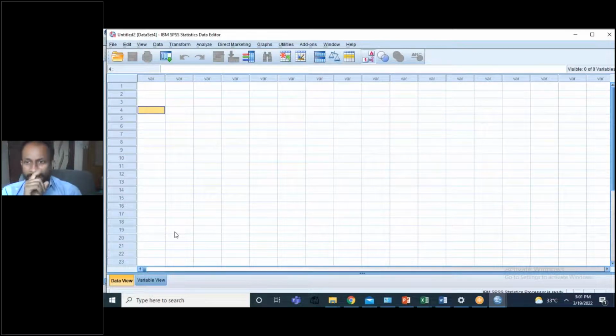Okay, there is one technique which I have not covered, which is chi-square, a non-parametric test, which is easy. I'll use the same example I told you.